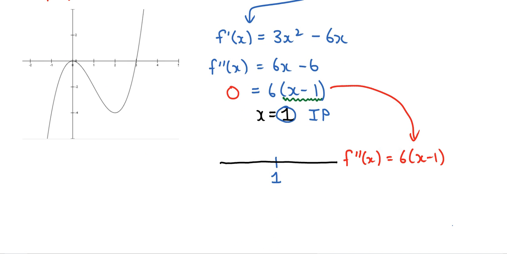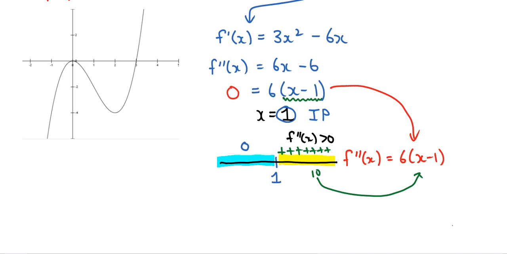And let's go ahead and analyze this now. If I pick an x value to the right-hand side of 1, maybe like the number 10, if I plug in 10 over here, I get a positive expression, so this will be positive. That means my second derivative here is greater than 0. And if I pick a number to the left-hand side of 1 in that blue region, maybe I'll pick 0. 0 is a very safe number.